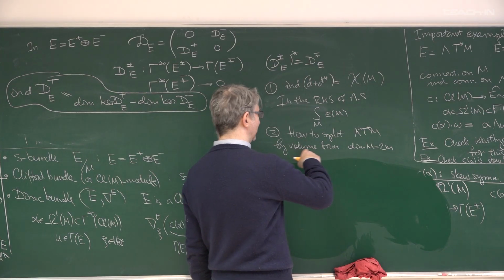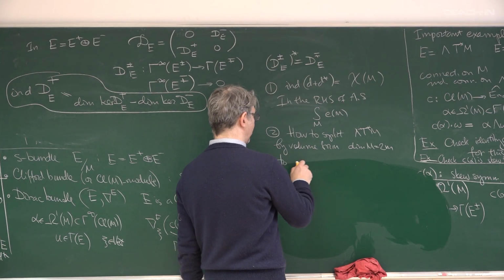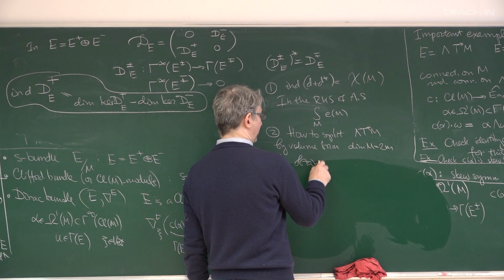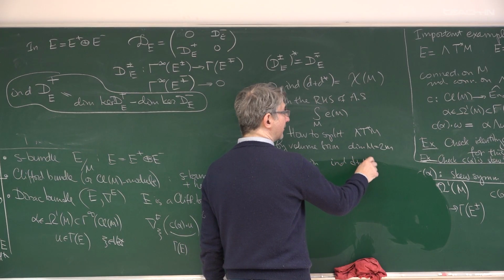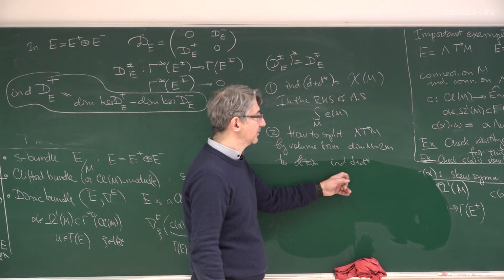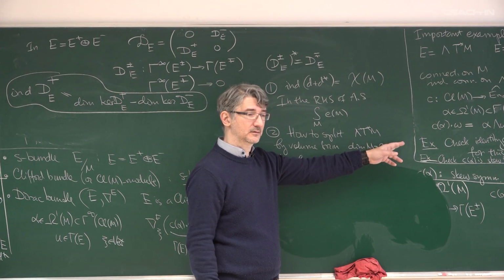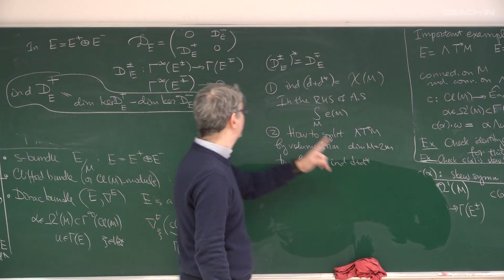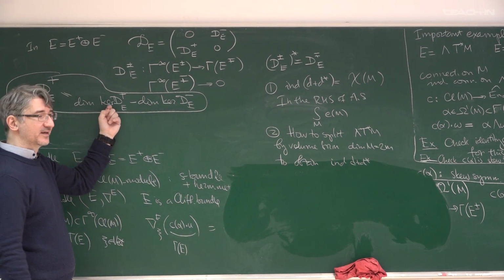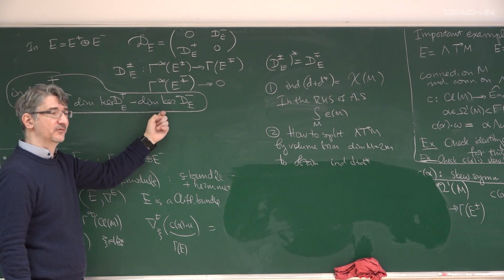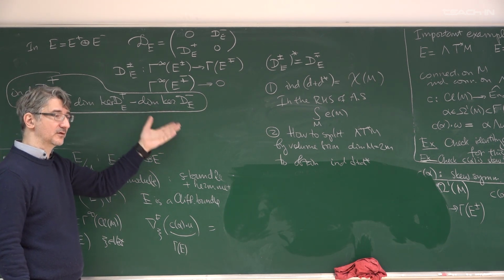How to split this to obtain the formula for the index of the same Hodge-de-Rham operator, but with a splitting different from that one. It means that the index will be different, because you split in another way. You take the dimension of another kernel minus the dimension of another kernel. It will be a different number.